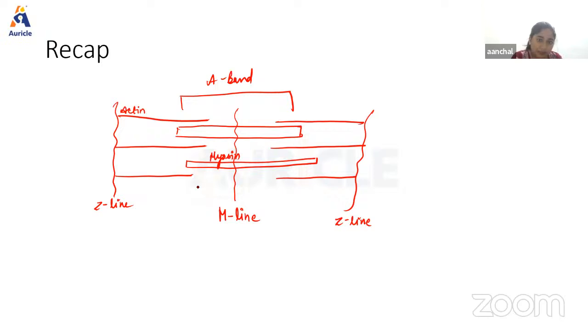And only this particular area is known as the H zone. Okay, so basically this M line indicates the mittel, means middle, and the M line is formed by the myosin binding protein. So this is all about the one sarcomere that we have drawn.